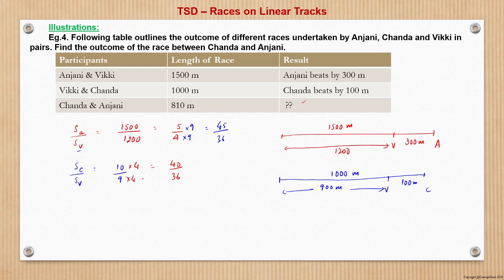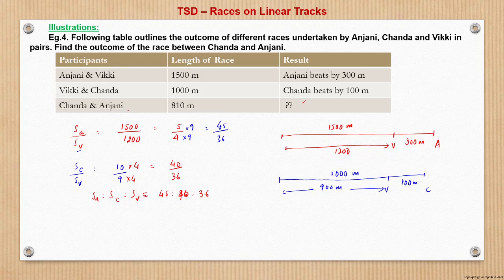So now the ratio of the speed of Anjani to Chanda to Vicky becomes 45 is to 40 is to 36. This is the ratio of the speeds of the three runners.